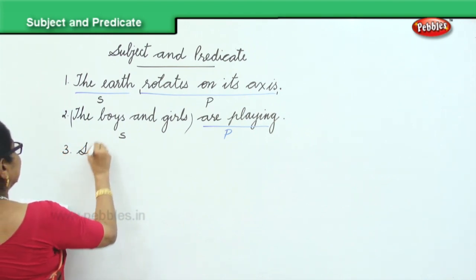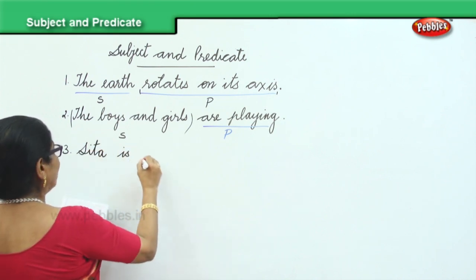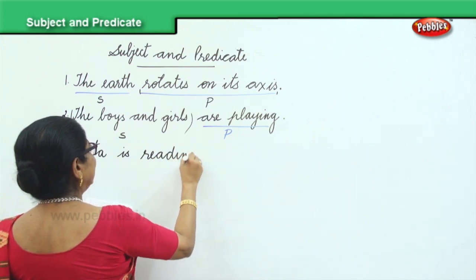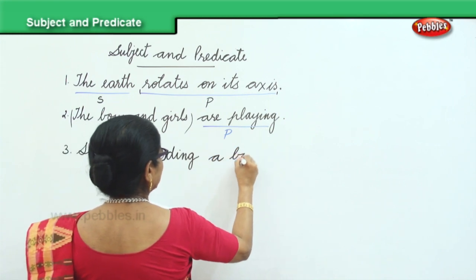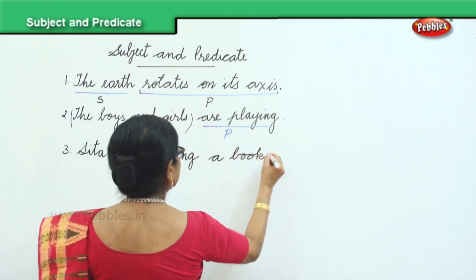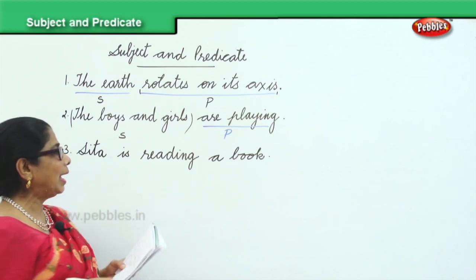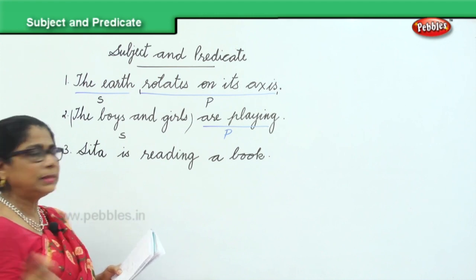Sita is reading a book. Again, it's a complete sentence. It begins with a capital letter. It ends with a full stop. And who is the most important? What is the most important part of this?